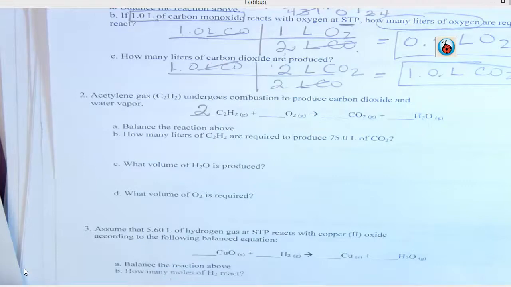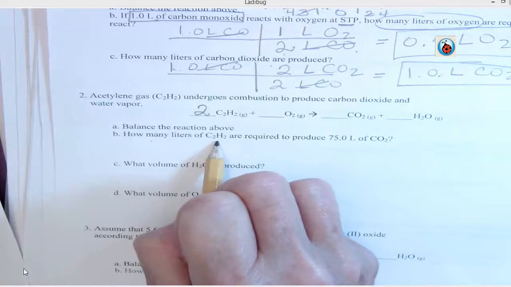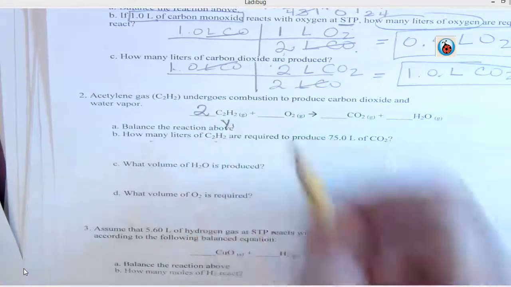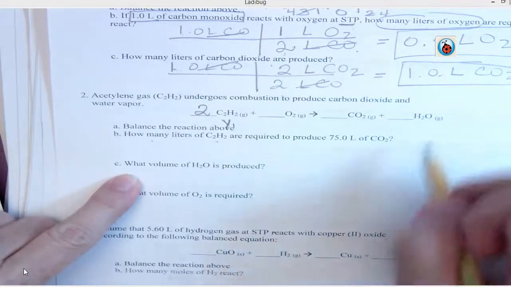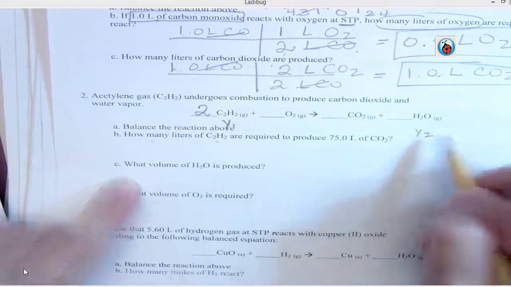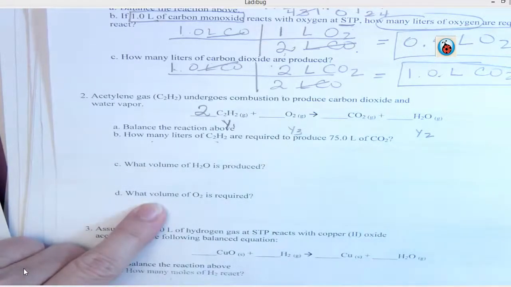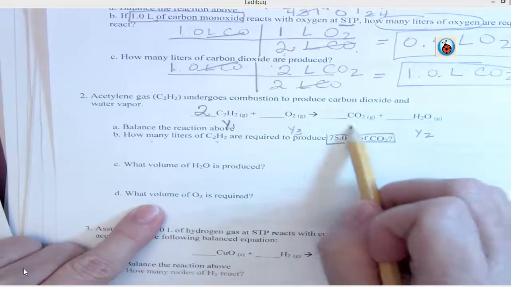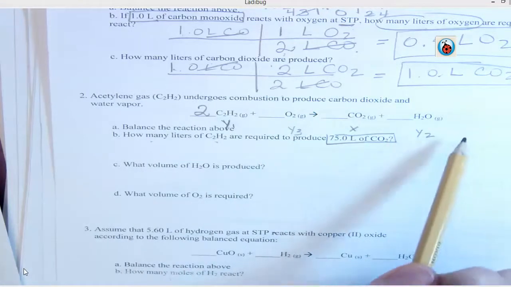The first one says how many liters of C2H2, this one says what volume of water, so that's going to be Y2, and then what volume of oxygen, so that'll be Y3. Okay, so what do we know? So X is going to be this CO2. See if you can balance that out, though. If not, I will help you out on that.